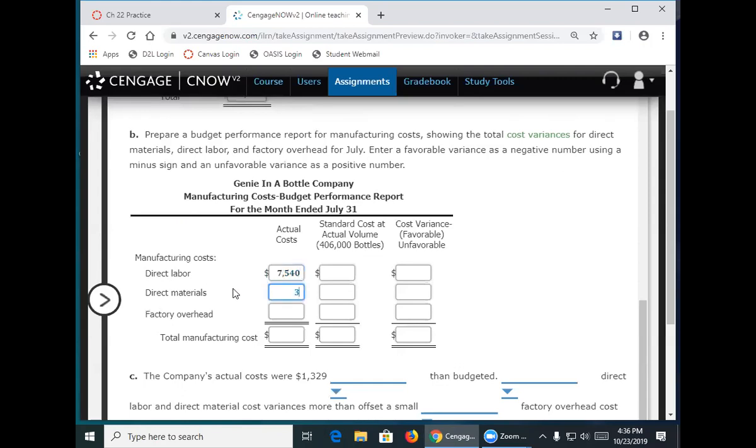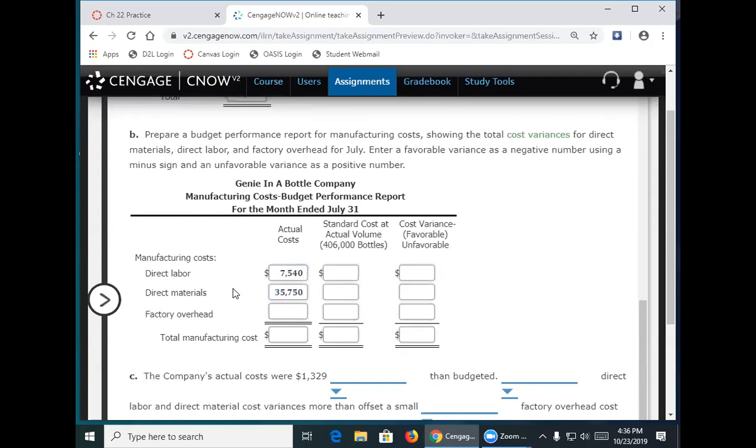Direct materials was 35,750. And overhead was 2,680. So our total manufacturing cost should be 45,970, which they gave us.